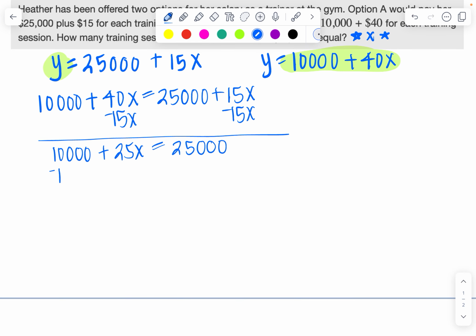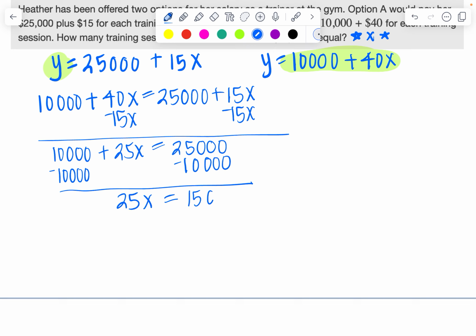And then subtracting 10,000, I'll get 25X is 15,000. And then dividing both sides by 25, I would get that X is 600. So she would have to do 600 training sessions before both of these are equal.